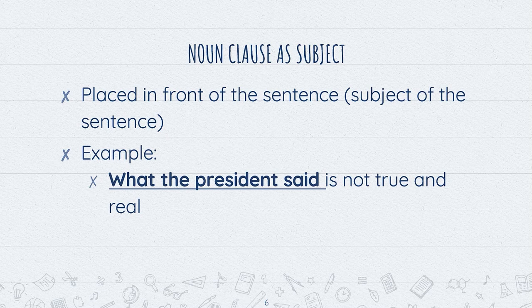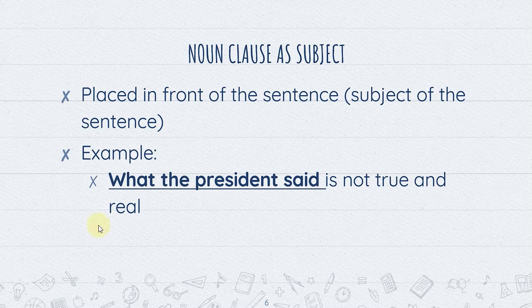Now we will break them down one by one, starting from noun clause as subject. For noun clause as a subject, usually this noun clause is placed in front of the sentence, as the subject of the sentence.